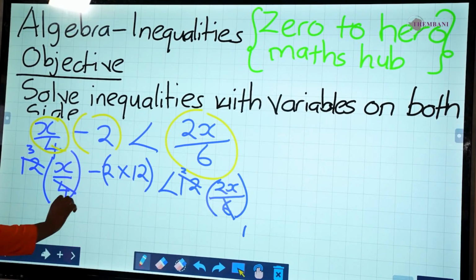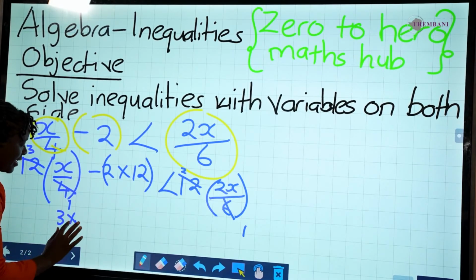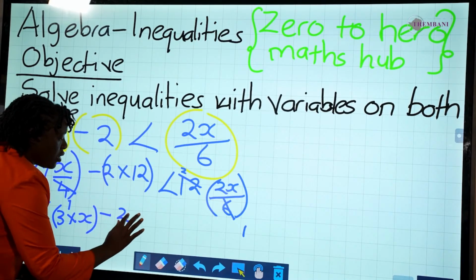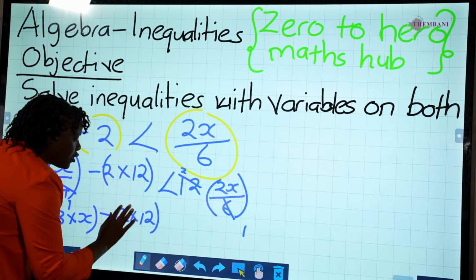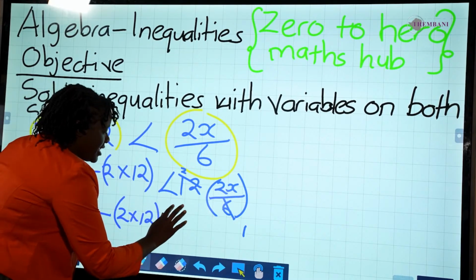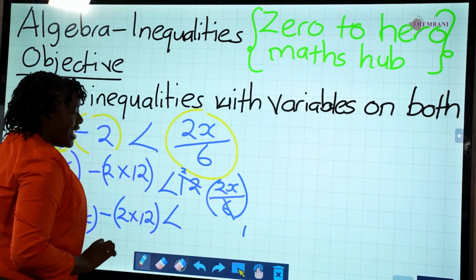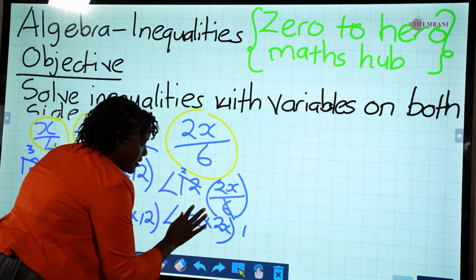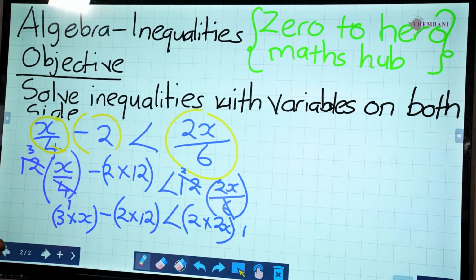So from there, we are saying 3 multiplied by x. I put that in brackets, minus 2 multiplied by 12, which I also put in brackets. This is less than 2 multiplied by 2x. This is what I now have. So I'm now removing brackets by multiplying everything in the brackets.